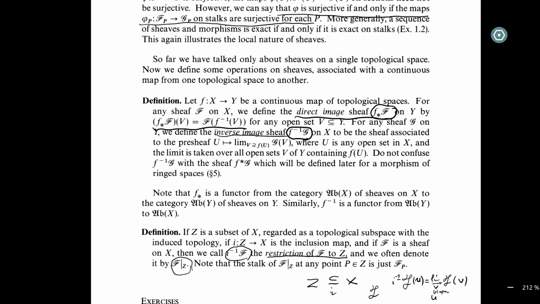Note that the stalk of this inverse image sheaf at any point P of Z is just F_P itself.